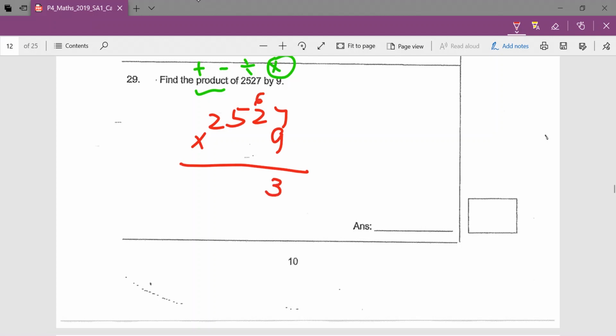You bring the 6 up. 9 times 2 is 18. 18 plus 6 is 24. 9 times 5 is 45. 45 plus 2, 47. 9 times 2 is 18. 18 plus 4, 22. So the answer is 22,743.